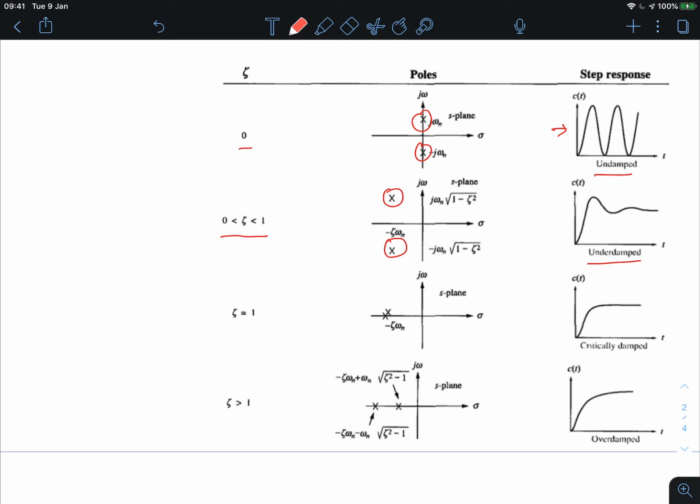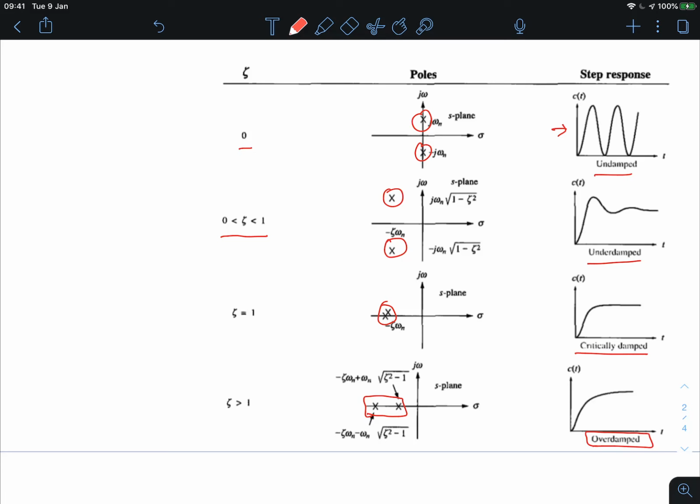For xi equal to 1, the poles are located on the negative real axis, and these are repeated poles. This is the response we get, and we define it as the critically damped response. For xi greater than 1, we have only real poles located on the negative left hand side, and we get the overdamped response.